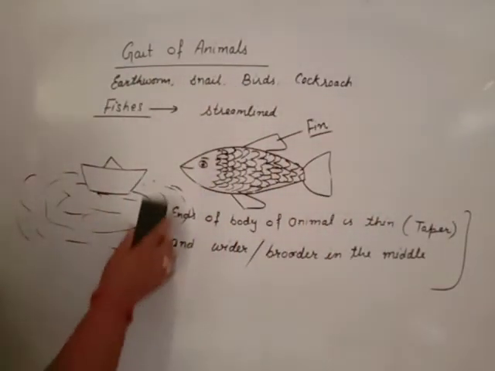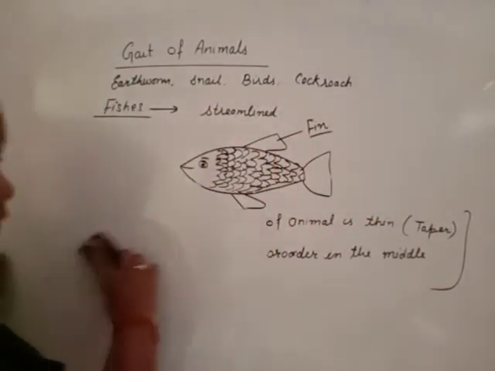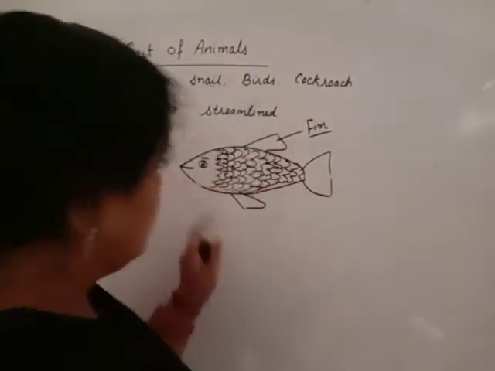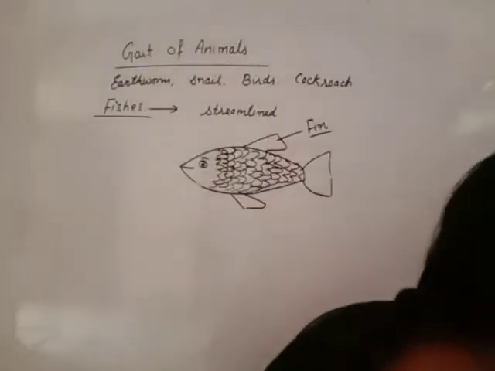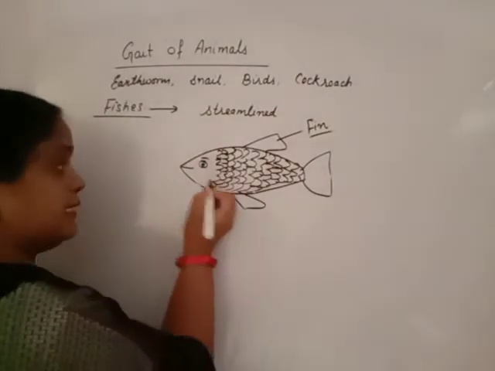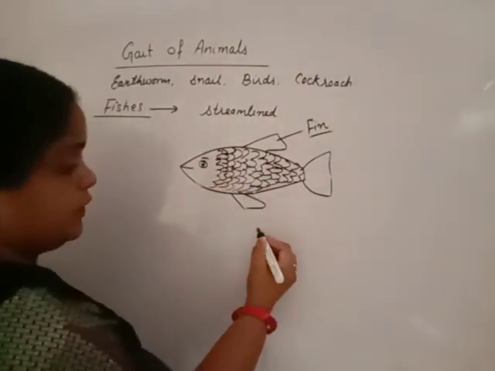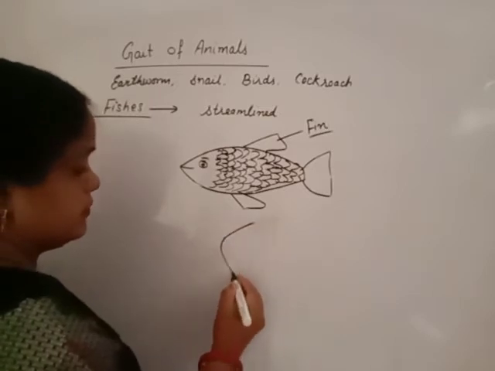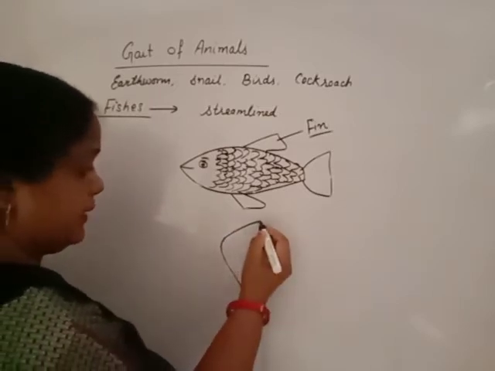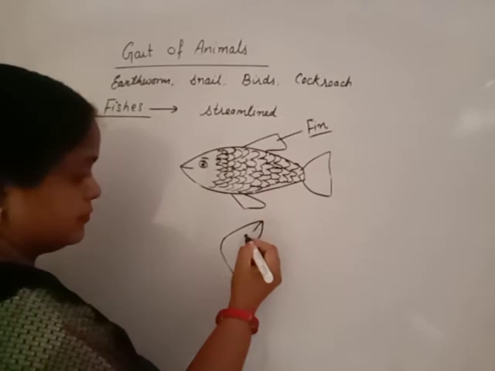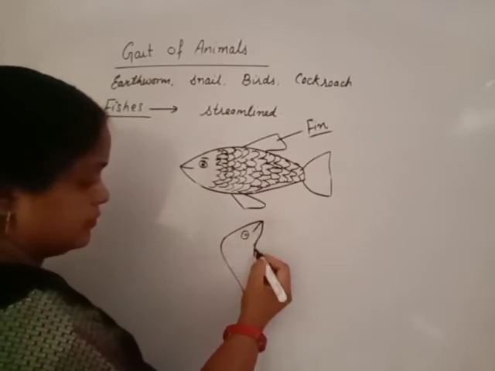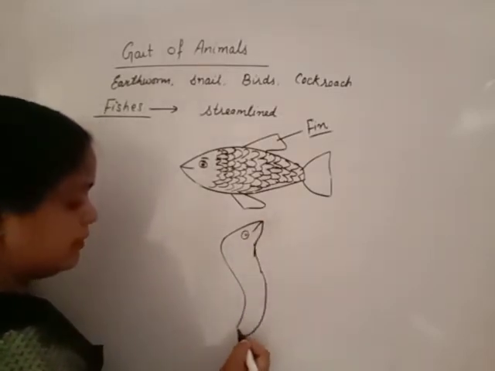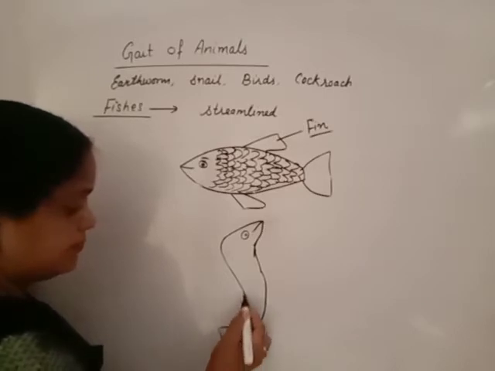Beta, during swimming, this fish bends the head to one side. Suppose this is the fish. It bends the head to one side and the tail on the opposite side.